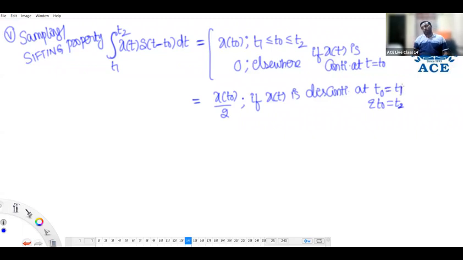If the signal has a jump exactly at the shift value t1, t2, then it is 1 by 2 times. Otherwise, simply x of t naught.